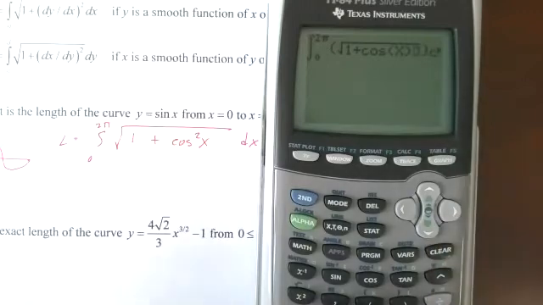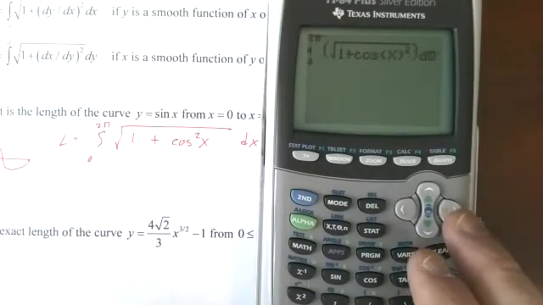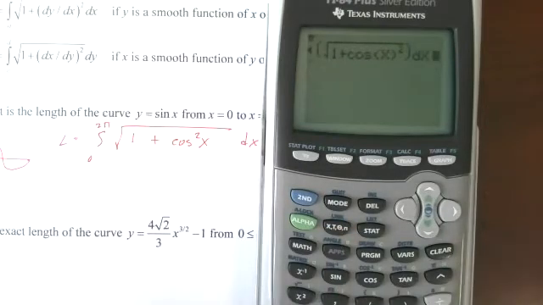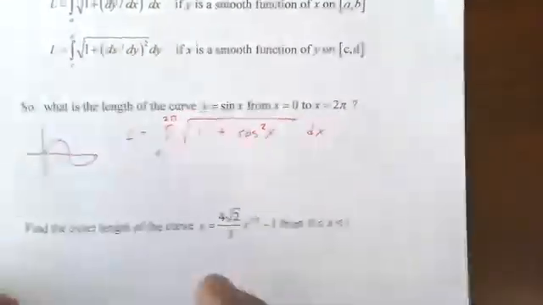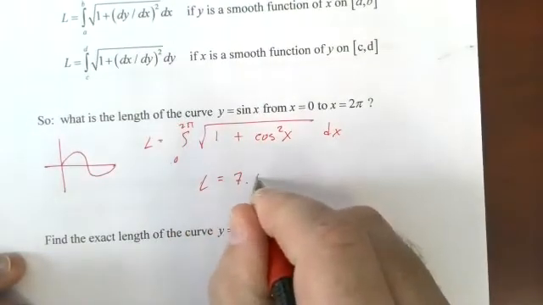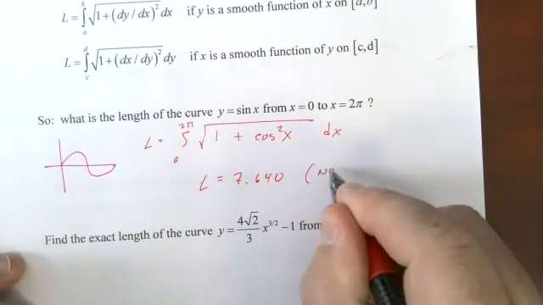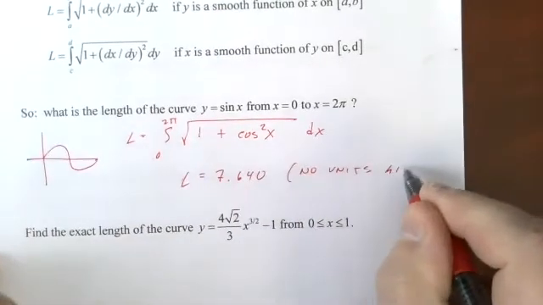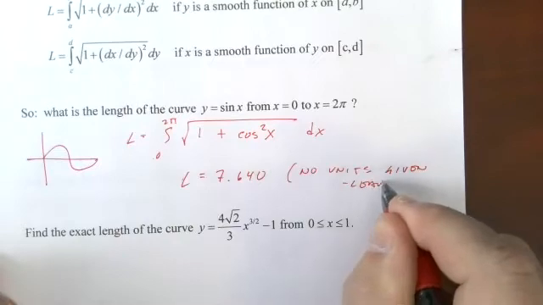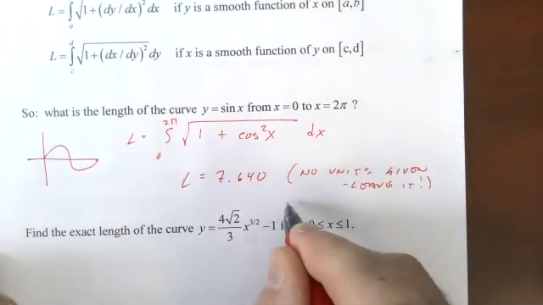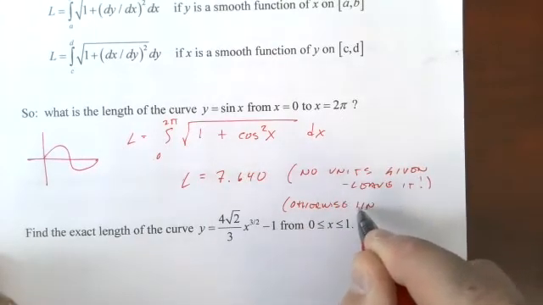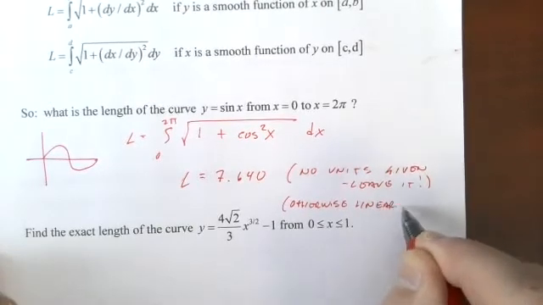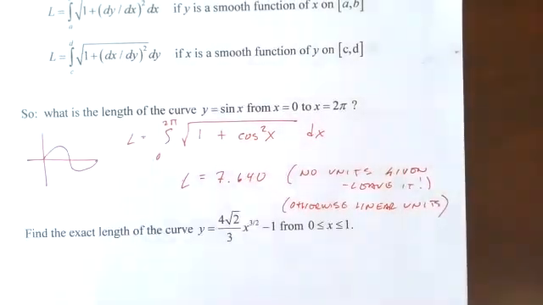Get that funky thing where we put the squared out there and parentheses all matched up with respect to x. Blasted out, we get 7.640. No units given, so leave it. Otherwise, linear units: feet, miles, inches, that sort of thing.